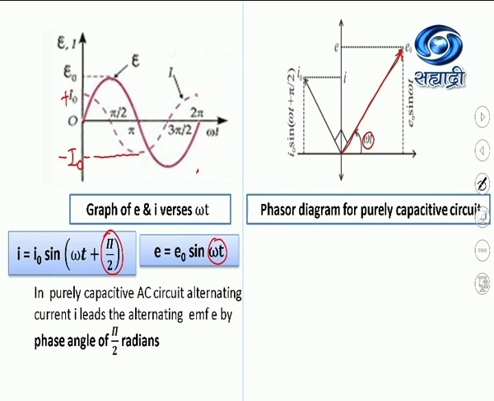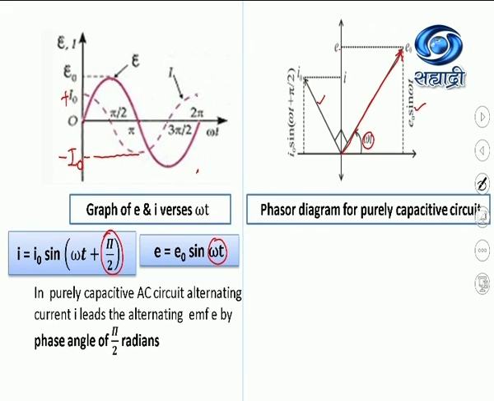If we take its projection on the y-axis, then we get the instantaneous EMF whose value is given by E is equal to E naught sine omega t. Now the current leads the EMF in phase by pi by 2 radians, and the leading direction we take as anti-clockwise. So what should be the angle between EMF and current? It should be pi by 2, that is 90 degrees. So we have to draw a vector representing the current, that is, the phasor for the current.